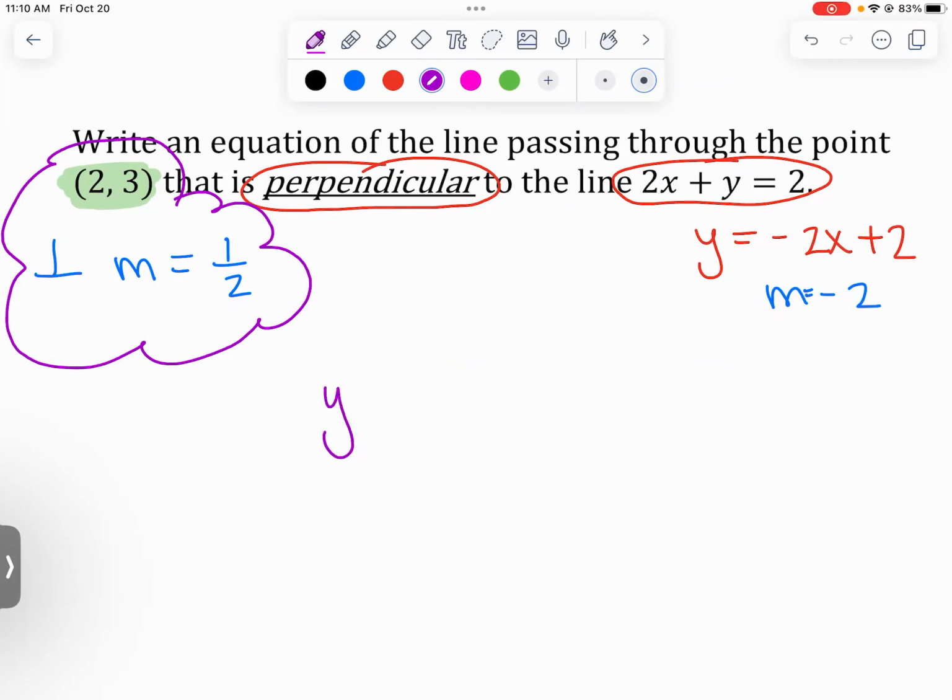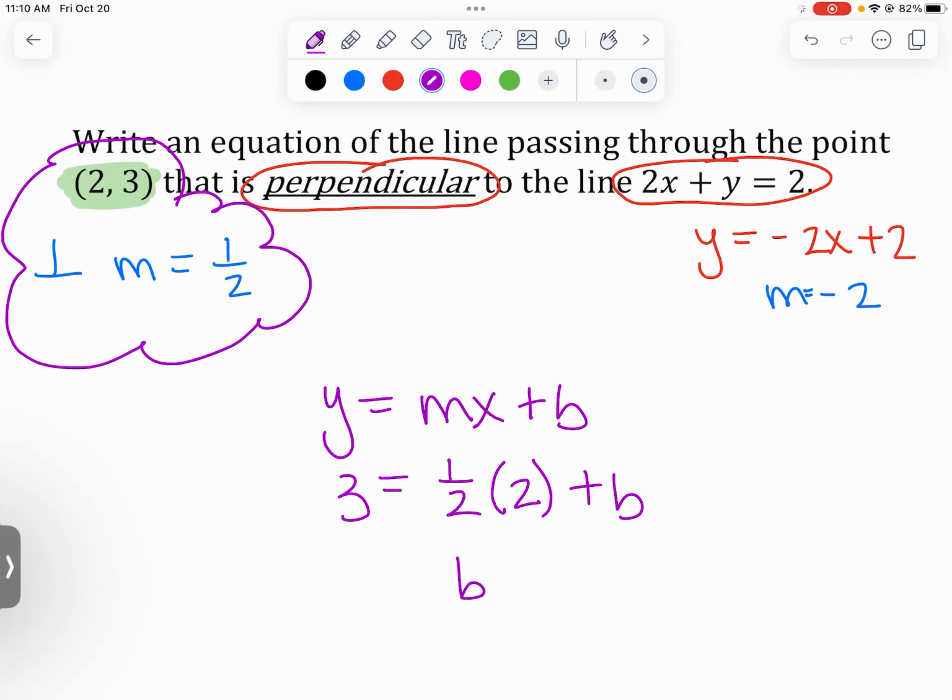So y equals mx plus b. We know that our slope is 1/2, our x is 2, our y is 3, which means our b is... what is 1/2 times 2?